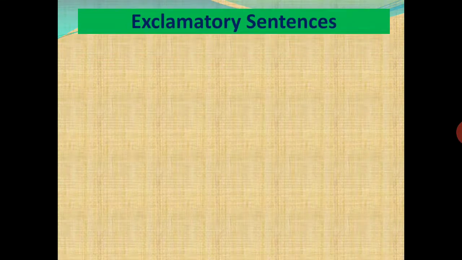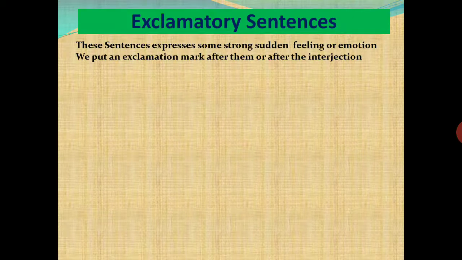Let us look at the third kind, exclamatory sentence. Now, these sentences express strong, sudden feeling or emotion, and in this sentence it is very important that while expressing our feeling or emotion we make use of an exclamation mark.